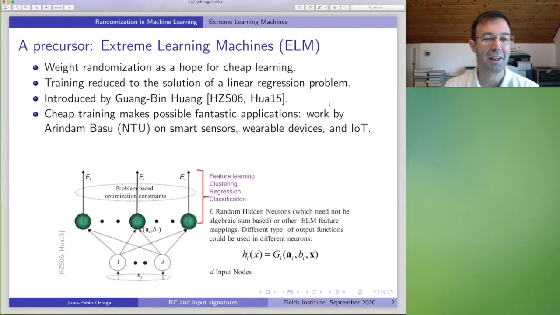Like many advances in dynamics, it's coming basically from engineers. This gentleman is an electrical engineer, and they are not so much interested in the theoretical aspects that go with this phenomenon. They go for applications, and actually I'm telling you, it's engineers who do wonderful applications with this relatively simple idea. So I encourage you to Google the page of Arindam Basu, also at NTU.